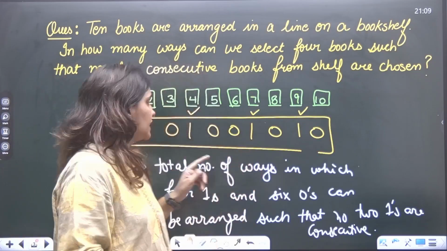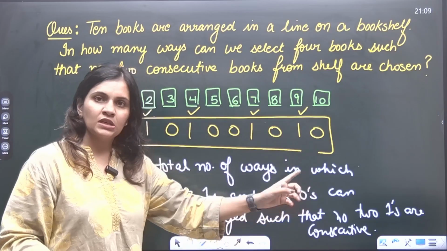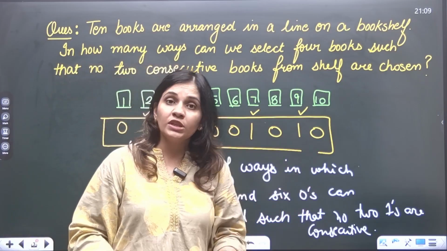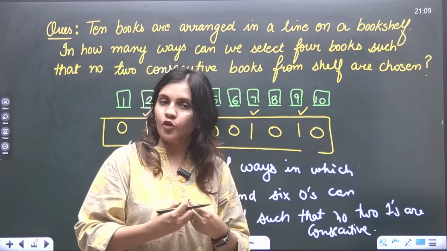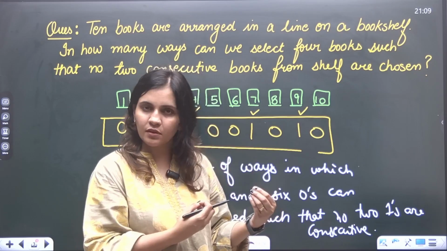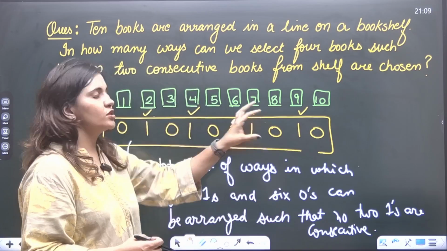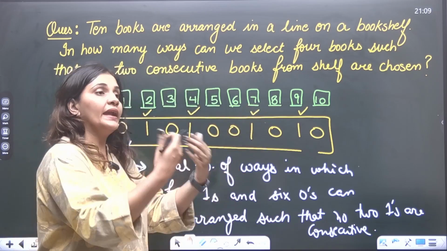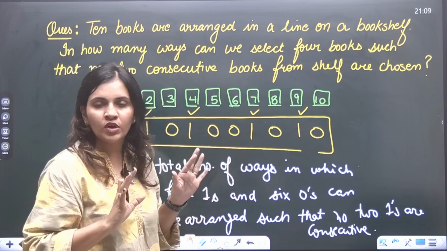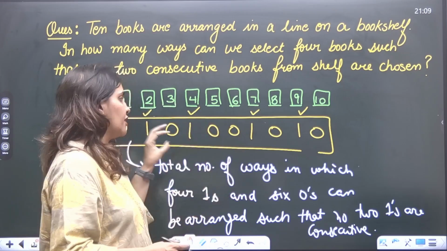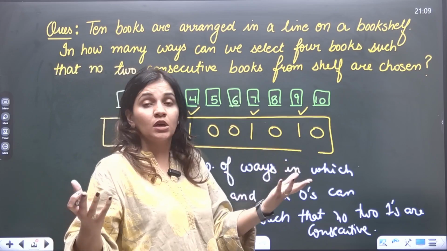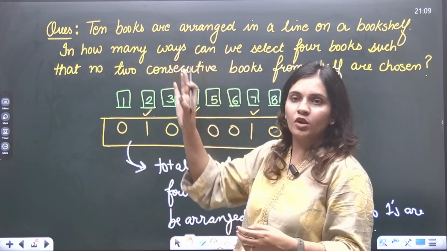Why? Because every binary sequence will tell us a unique way of selecting 4 books out of 10 books. And each binary sequence will end up in some sort of selection. It's not that I've written one binary sequence and it is not included in my total number of selections.